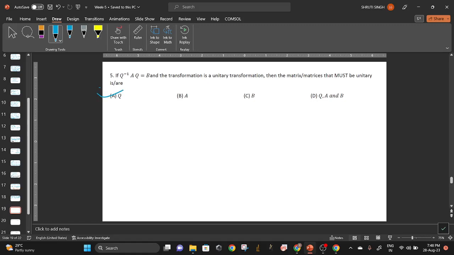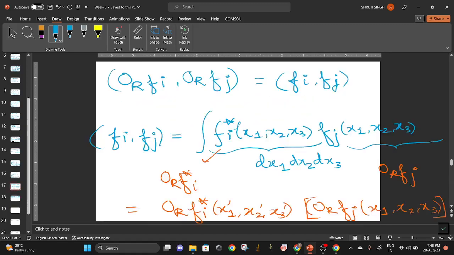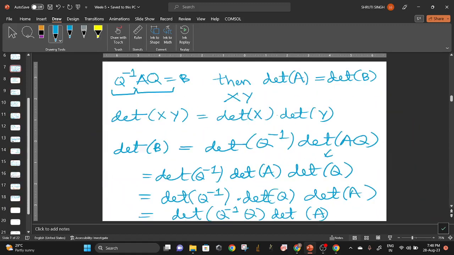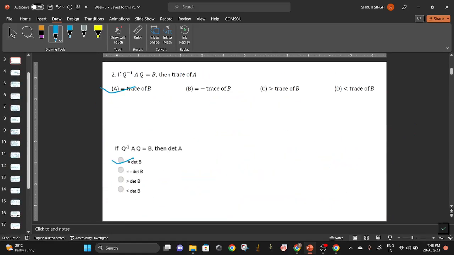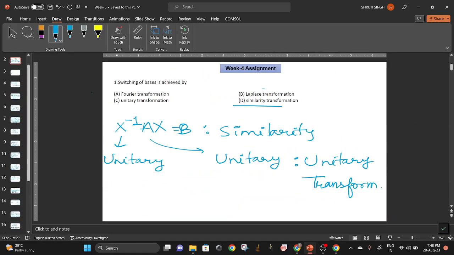It is asking what is the must condition for a transformation to be called a unitary transformation. As I told you in the first class, a unitary transformation is a similarity transformation.